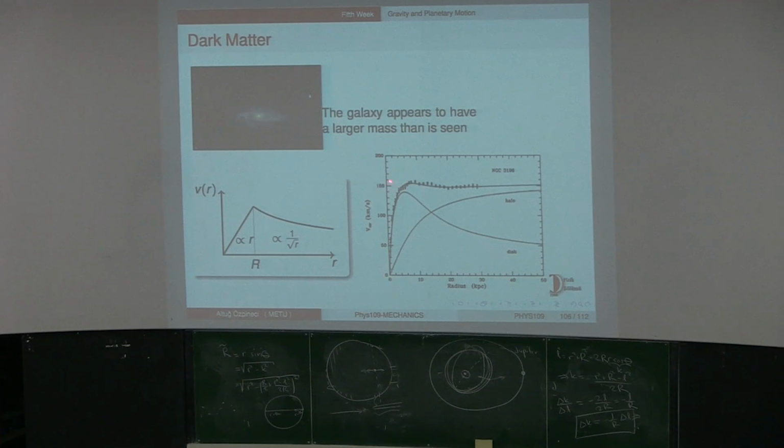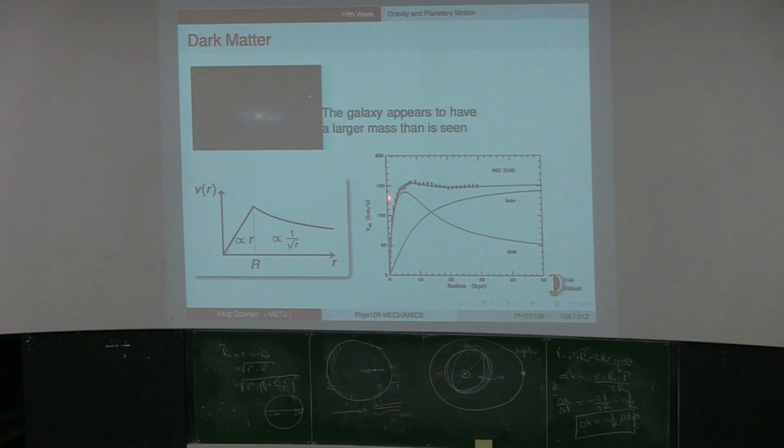But this is a more realistic model. Nevertheless, you see the general behavior. It should increase linearly from the center of the galaxy towards the edge. Beyond the edge of the galaxy, it should go as 1 over square root of r. Now, this curve is just that 1 over square root of r behavior. But this is the actual observation.